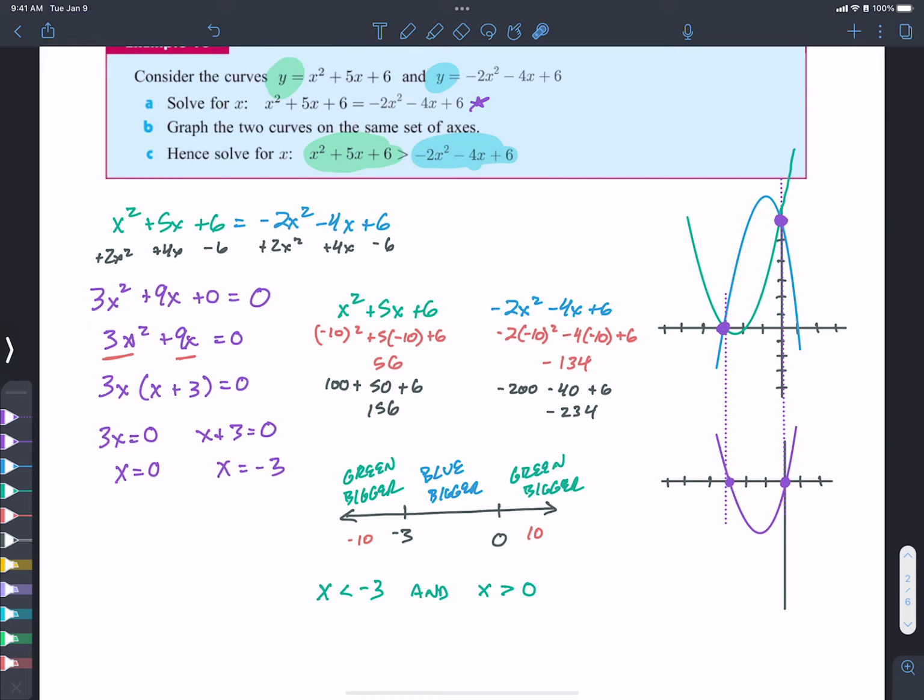And I'm not putting equals in there because when x equals negative 3, when it equals 0, those values are not greater than. They're equal at that point. So this is my solution right here. X is less than negative 3 and x is greater than 0.